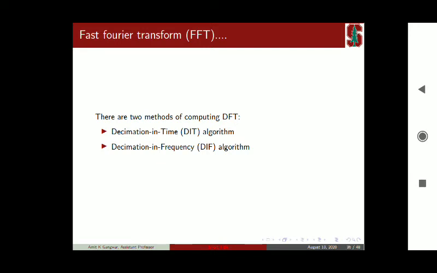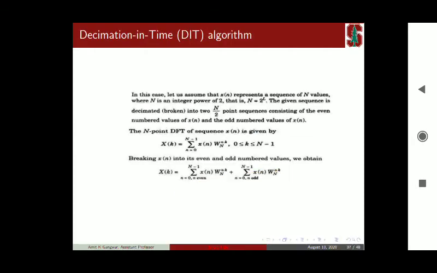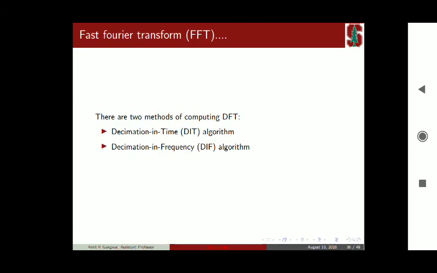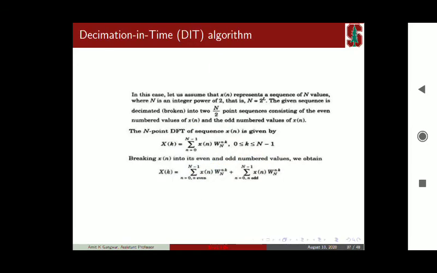Decimation in time, as its name suggests, is a time domain based algorithm. First we will study DIT, and in the next coming lecture we will study the DIF algorithm.